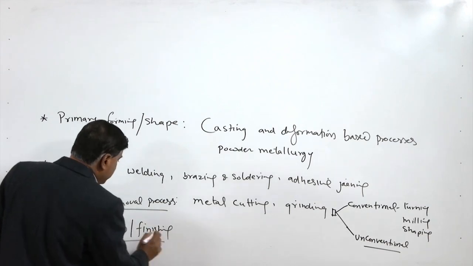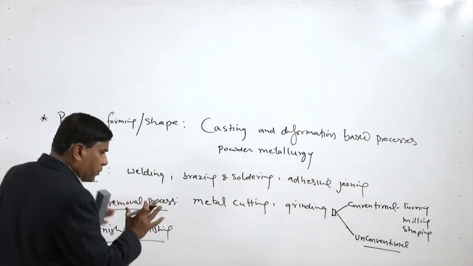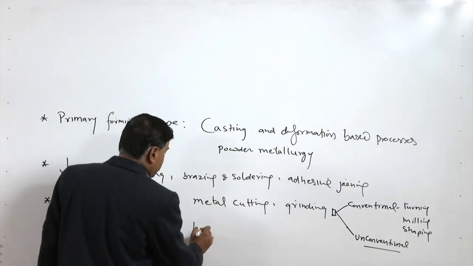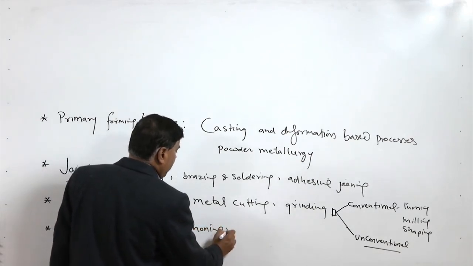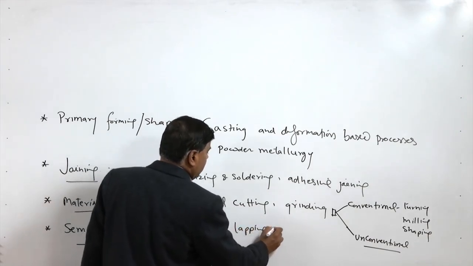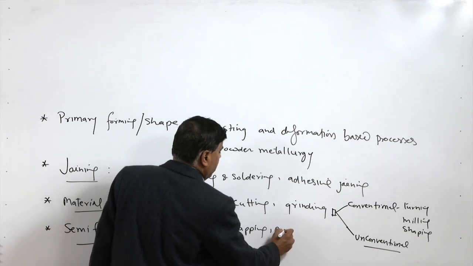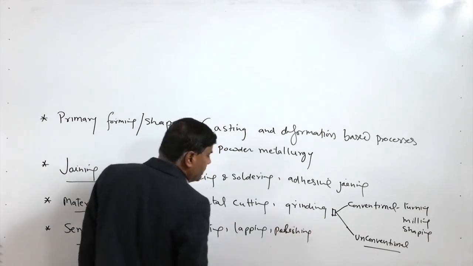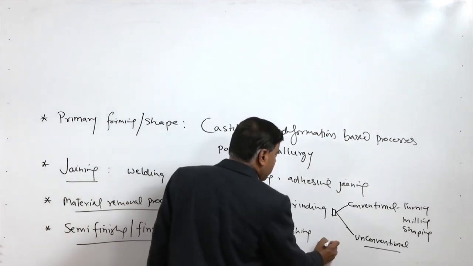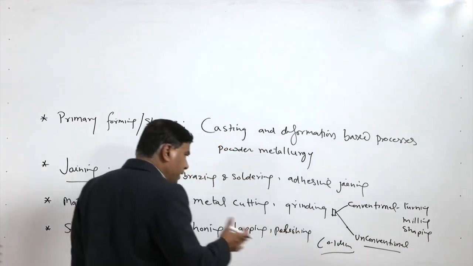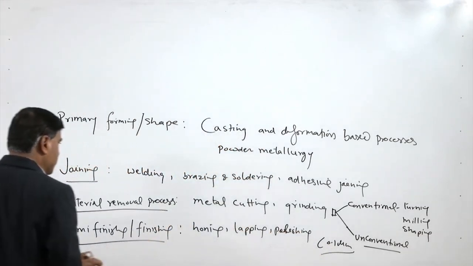In this category, very close control over the dimensions as well as the surface finish is achieved using processes like honing, lapping, polishing. These processes help to achieve a very good degree of finish, like less than 0.1 micrometer or even finer in terms of Ra.